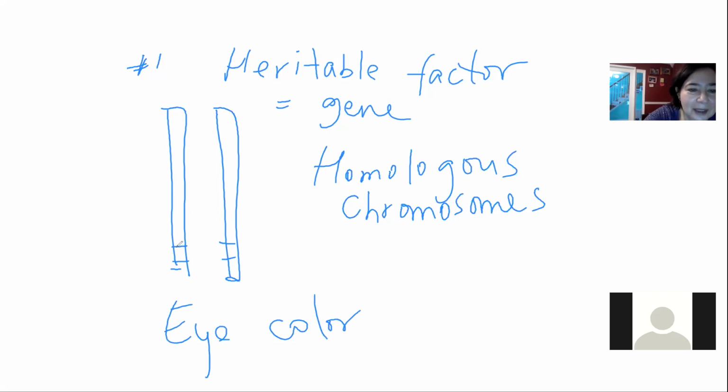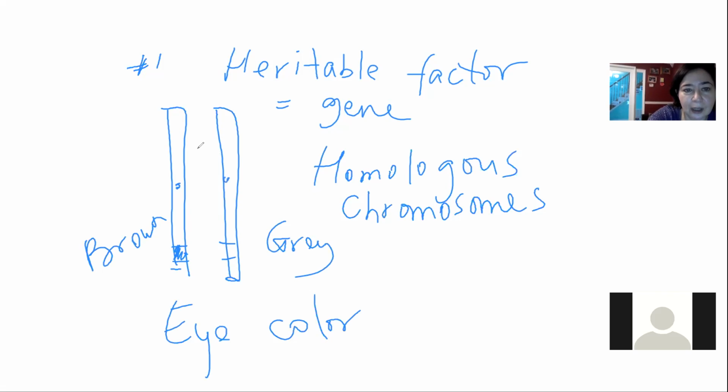Let's say the mother is brown and the father is gray. Homologous chromosomes again means genes will sit at exactly the same location, right?